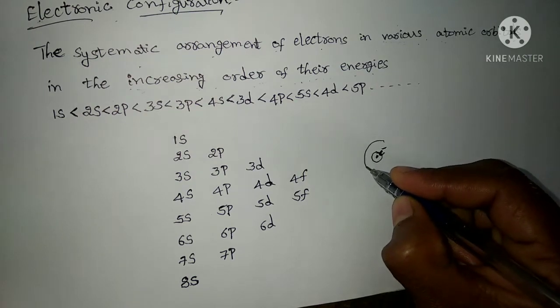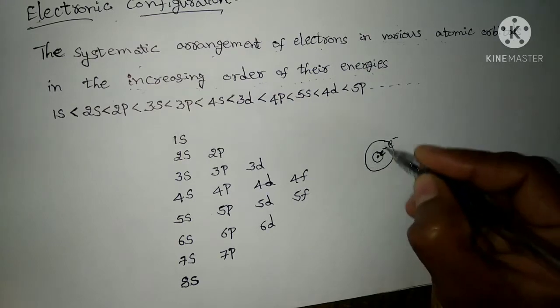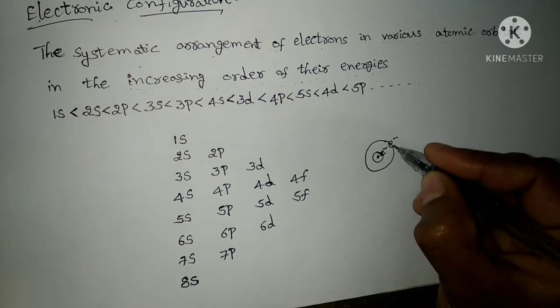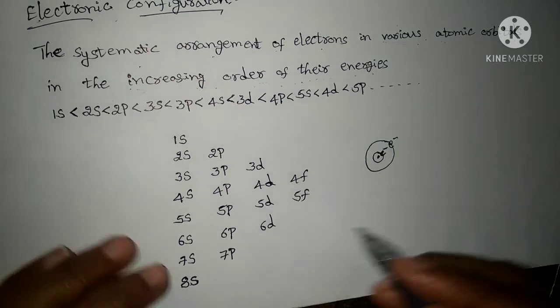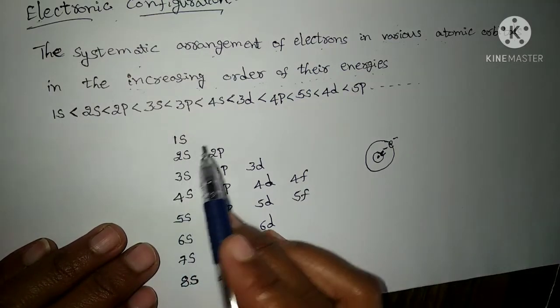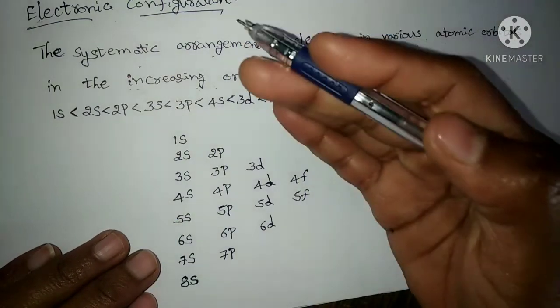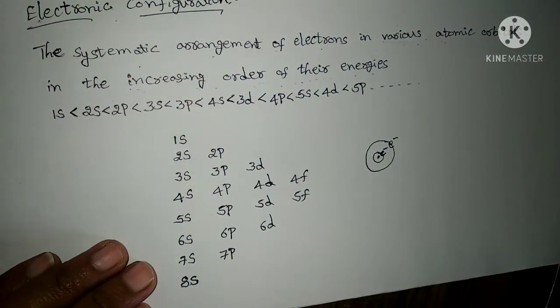But if this electron moves to the second shell, it takes more energy, because the size of the second shell is larger compared to the first shell. So the first shell takes less energy, the second shell takes more energy than the first, and similarly the third shell takes more energy than the second. Like that, generally we consider.